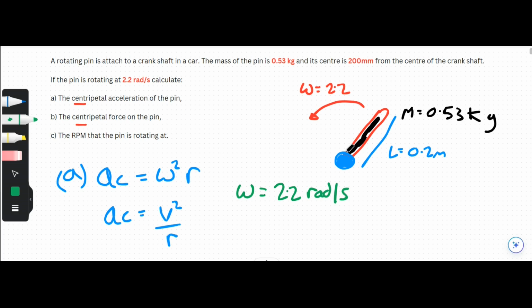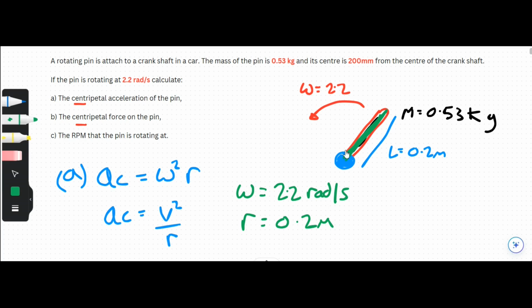And the radius, well, this is the radius. This thing is spinning in a circle, so this is our radius of motion, which we know is 0.2. So r is going to be 0.2 of a meter. Both in the right units, both in radians per second and in meters, everyone's a winner.